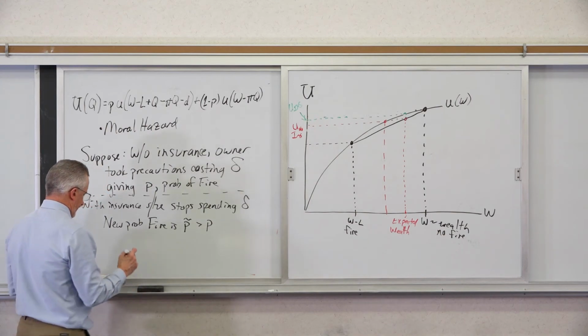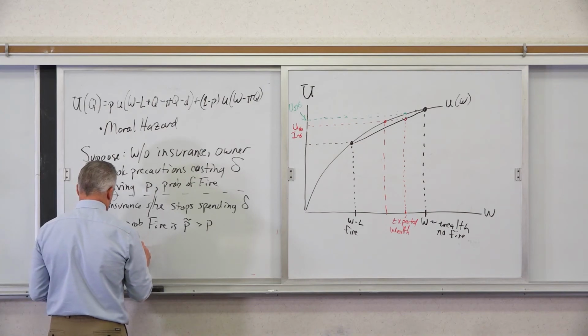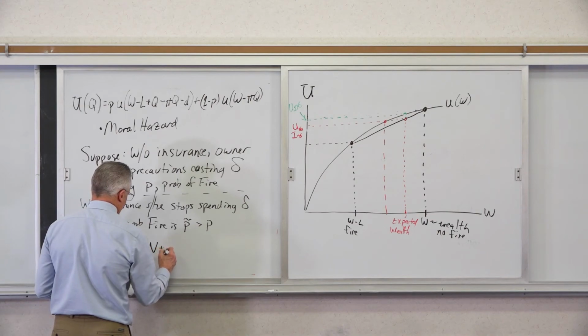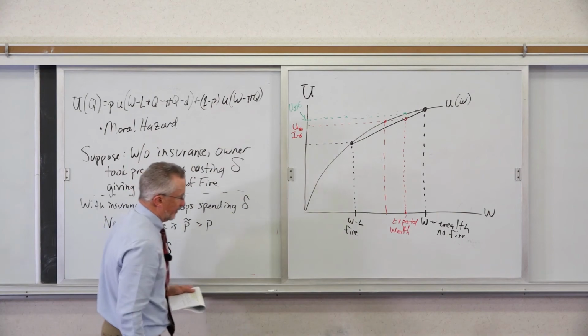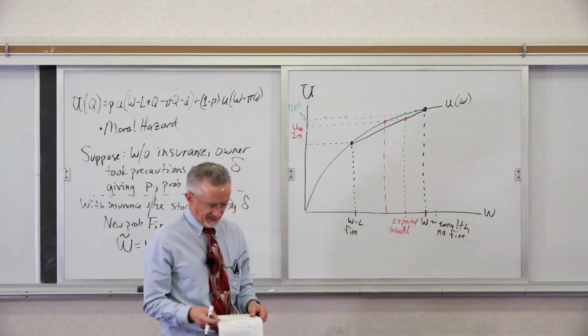Great. And the starting wealth of the person now is W tilde, which is equal to W plus what they were expending before. That is, they have changed their wealth over to here somehow.